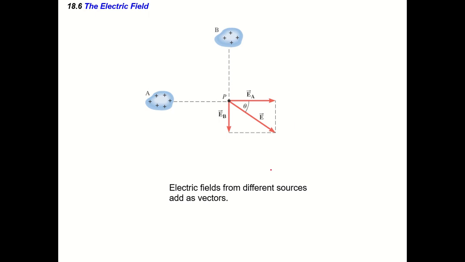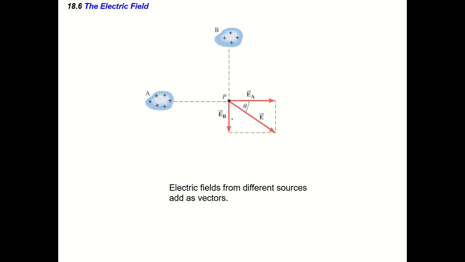Electric fields from different sources add as vectors. So this is our illustration, class: the electric field of A and the electric field of B, and here we have the resultant of the electric field.